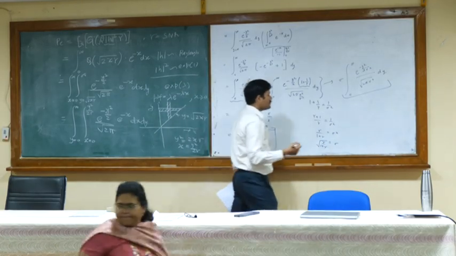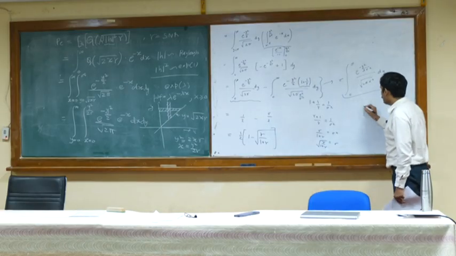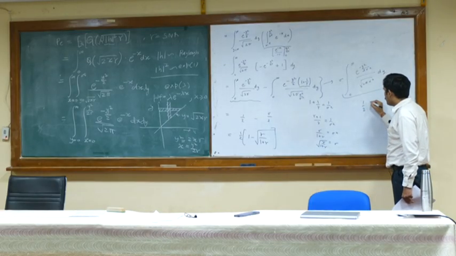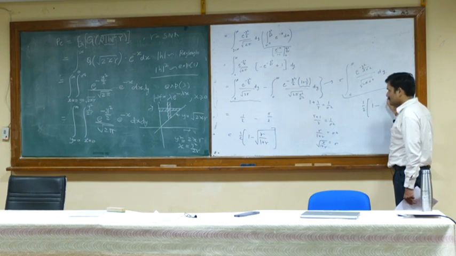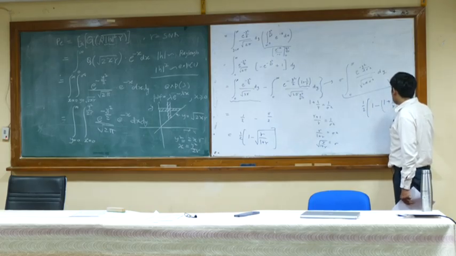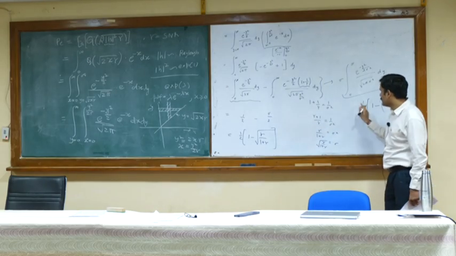Now this value we can write for high SNR. So I can write here 1 by 2, 1 minus (1 plus 1 by gamma) to the power minus 1 by 2. I am writing the value as it is.